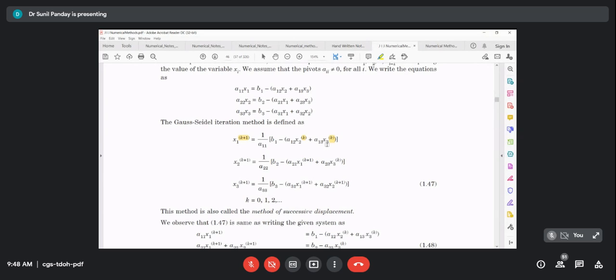But when we get the x2 value at the k plus 1th iteration, we are using the immediately updated value of x1. So this is the difference. If it is Jacobi, we have x1 k, but in Gauss-Seidel we have x1 k plus 1.